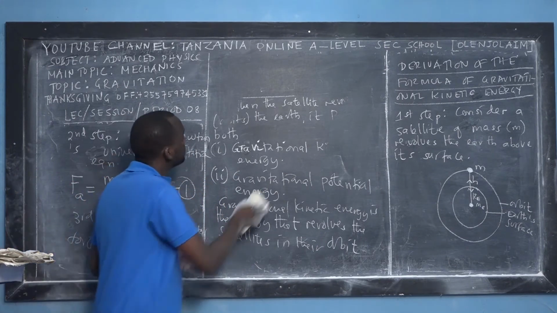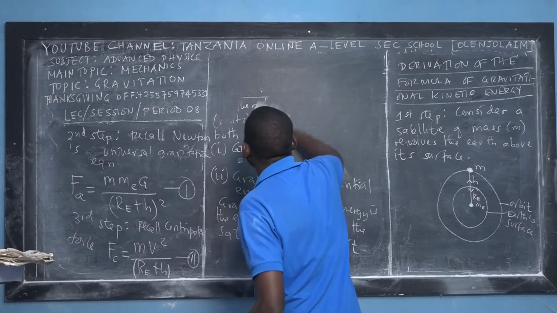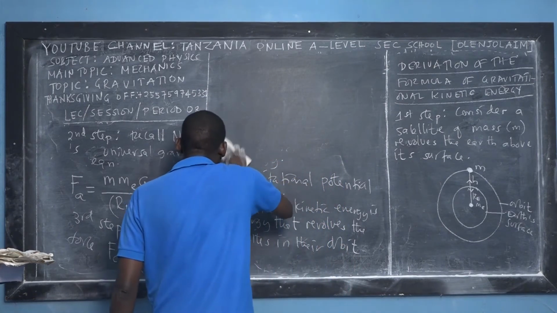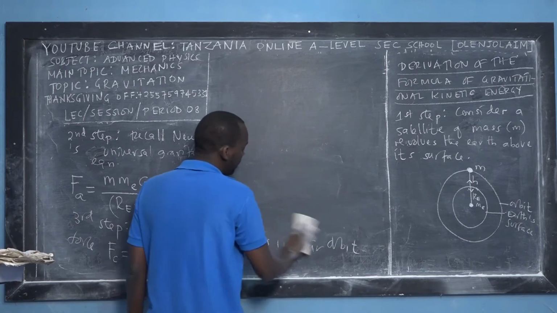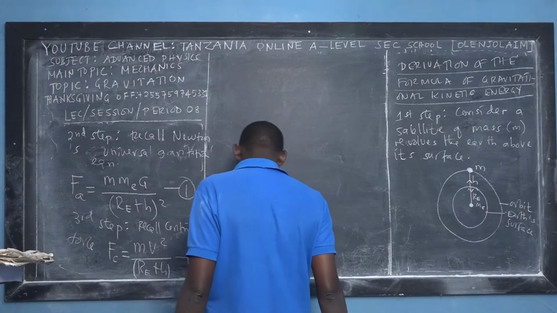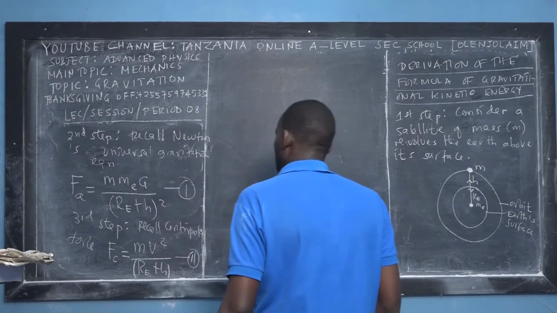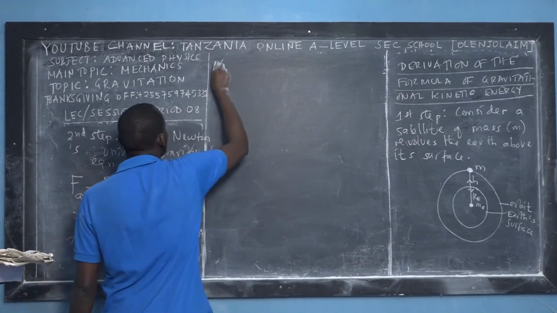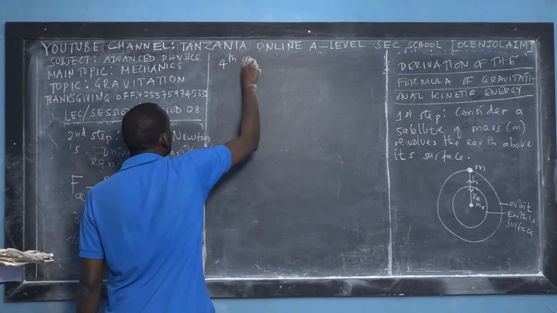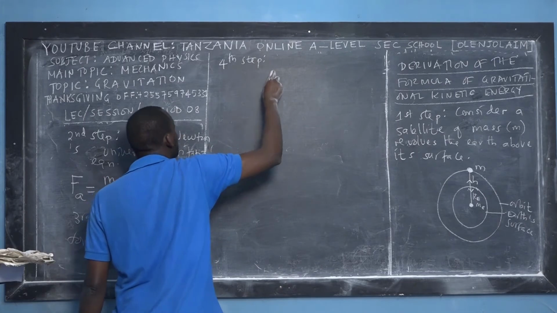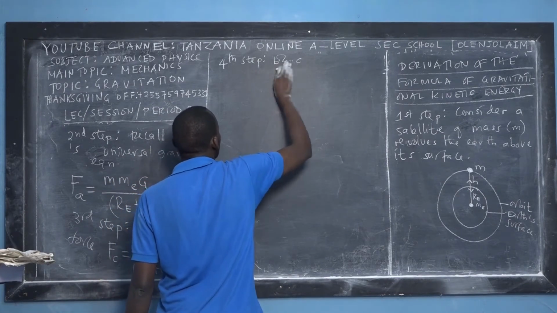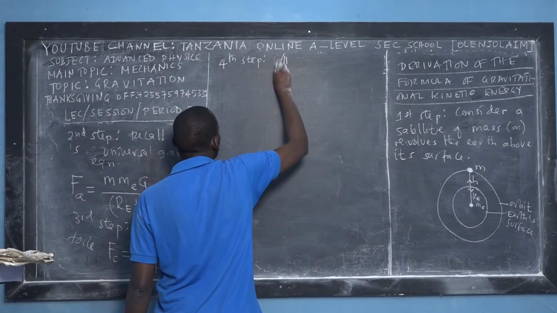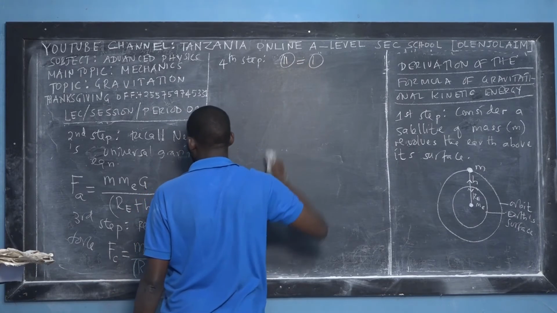According to Newton, the heavenly body, that is the satellite, maintains its orbit if both forces, the centripetal force and the force of attraction, balance. So for the forces step, we equate equation 2 to equation 1.